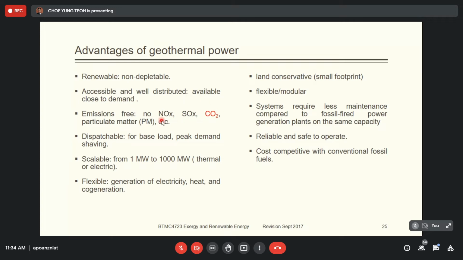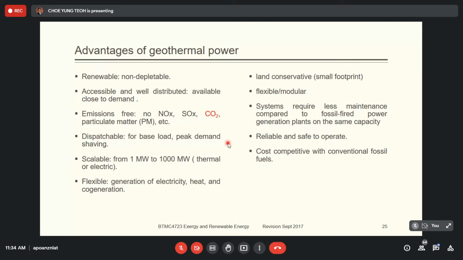Same thing for NOx and SOx. Some geothermal resources automatically contain sulfur. But the sulfur normally will not be released to the environment in gaseous form. It will become nitrate and sulfate, which are in solid form. So it dissolves in water, so it is still okay.